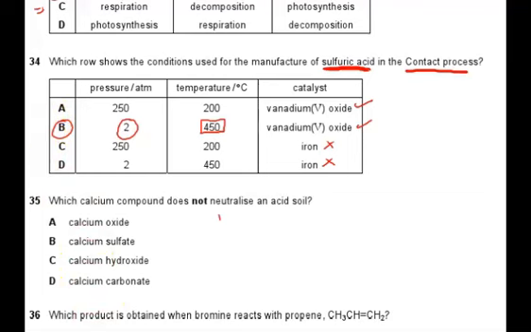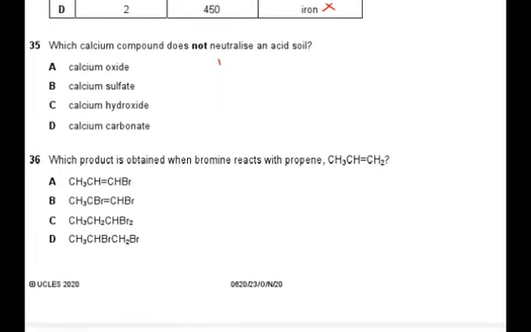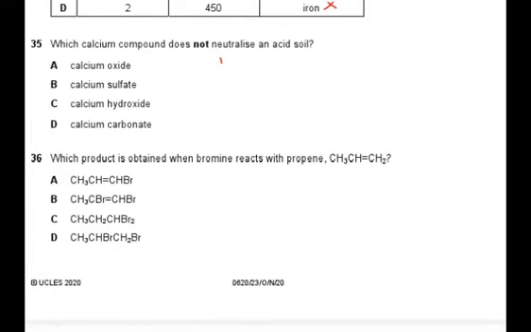Okay, now which calcium compound does not neutralize an acid soil? So we need an alkaline compound that can neutralize the acid soil.